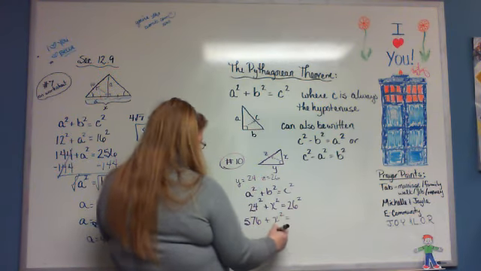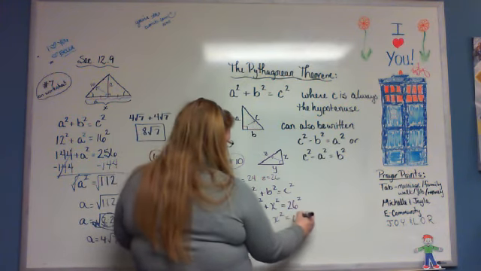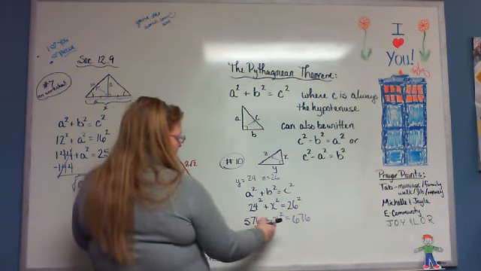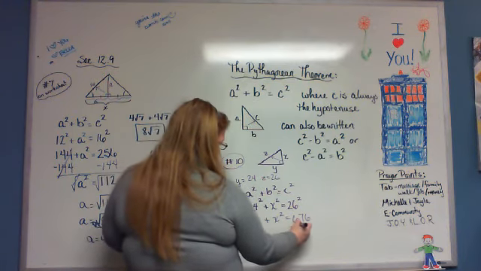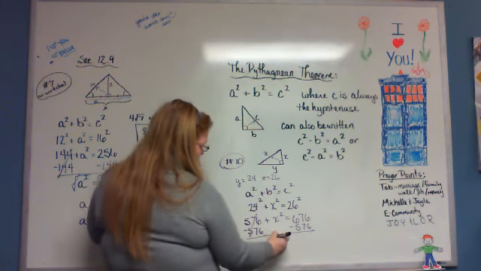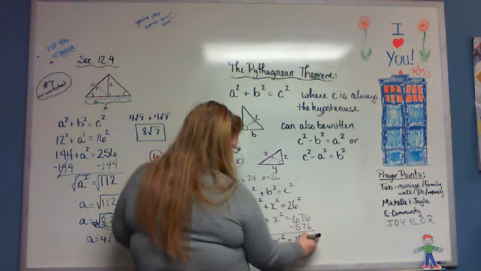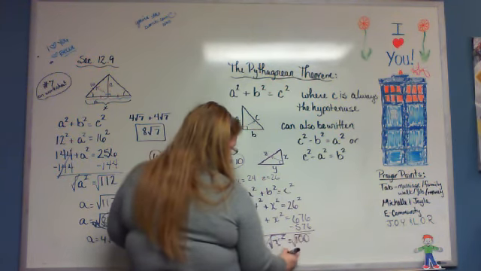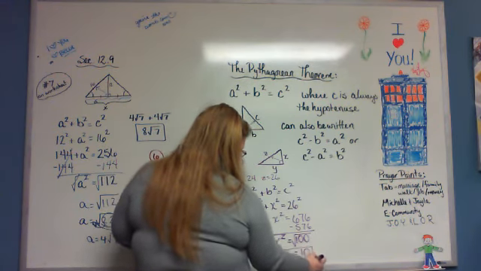Plus X squared is equal to 26 squared is 676, I know, because I used a calculator to get it. Trying to get the x squared by itself, so I subtract 576 from both sides. X squared is equal to 100. Take the square root of both sides. X is equal to 10.